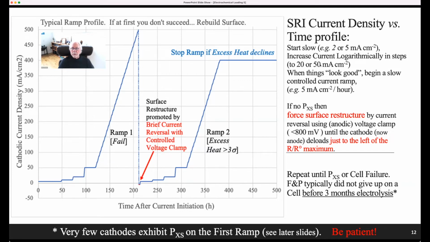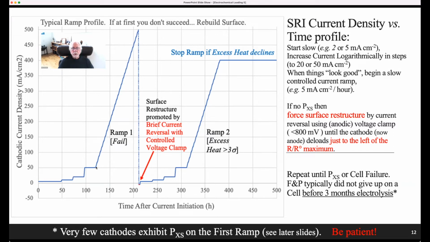By the time you get to 20 or 50 milliamps per square centimeter, if everything looks good, the electrode is responding nicely to the current steps. It has achieved a loading on the right-hand side of the resistance maximum. Looks good. At that point, we will initiate a very slow current ramp.